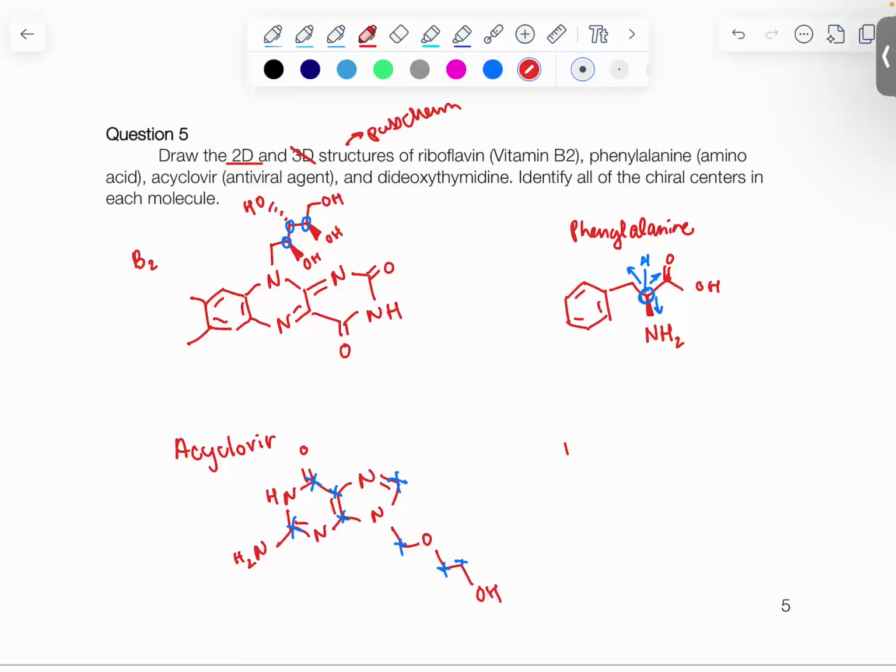And then finally, we have dideoxythymidine. And with this one, we have this cycle that has a heteroatom, and then another cycle with heteroatoms, a methyl group here.